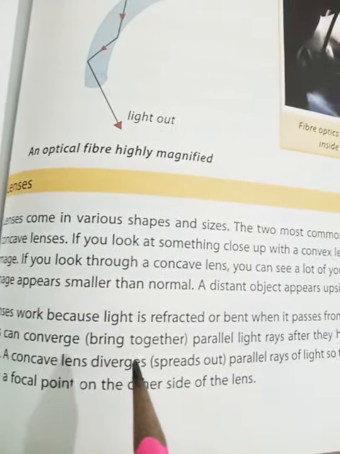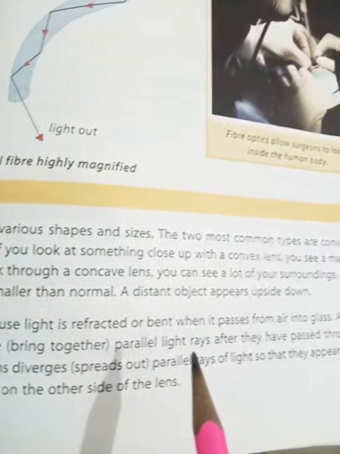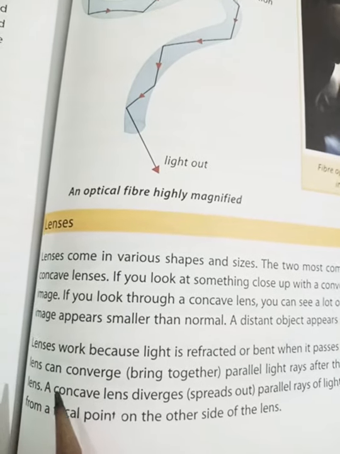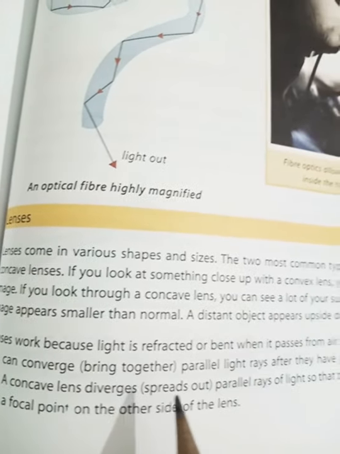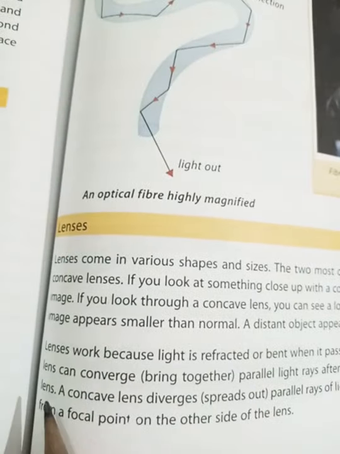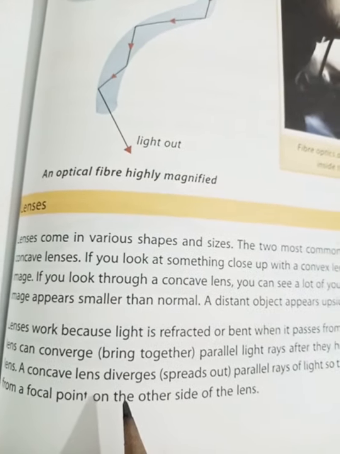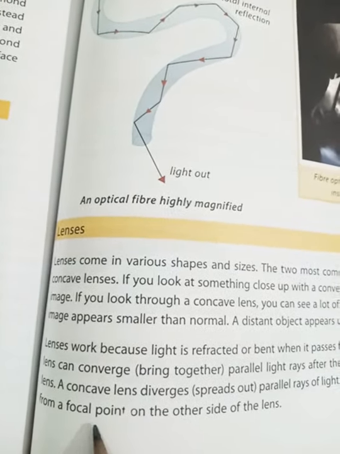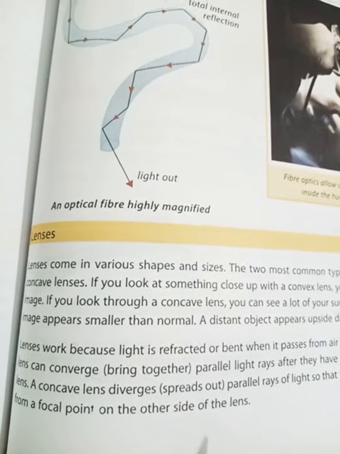Lenses work because light is refracted, or bent, when it passes from air into glass. A convex lens can converge, or bring together, parallel light rays after they have passed through the lens. A concave lens diverges, or spreads out, parallel rays of light so that they appear to come from a focal point on the other side of the lens.